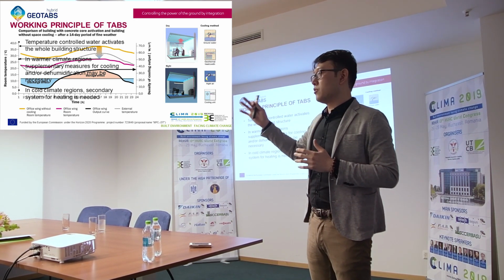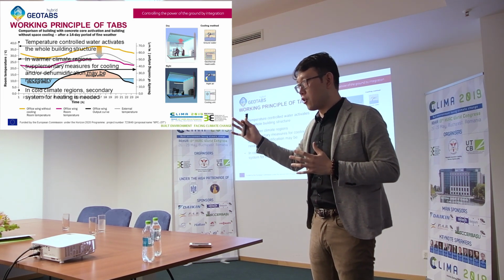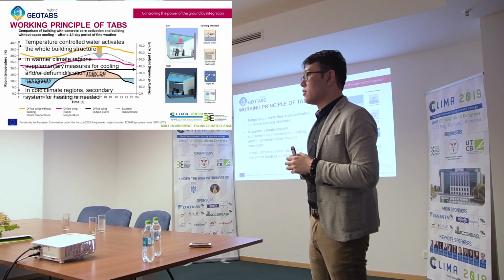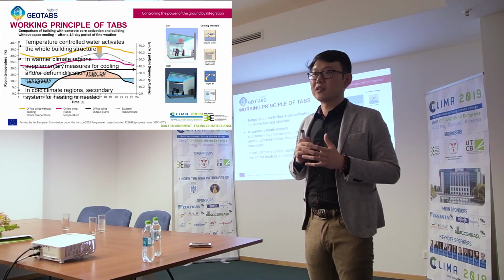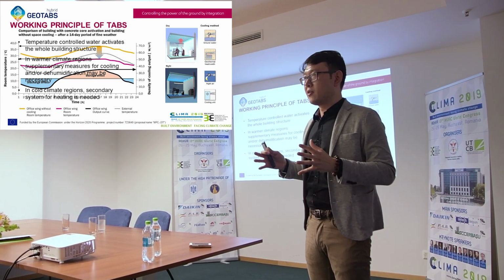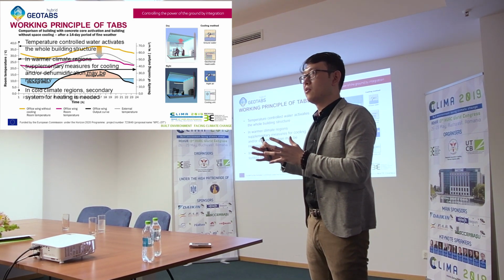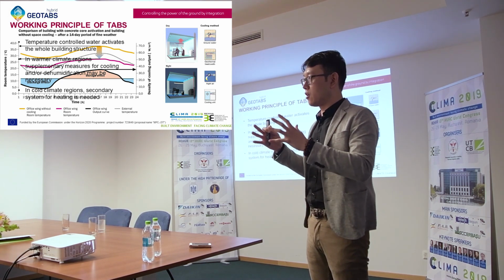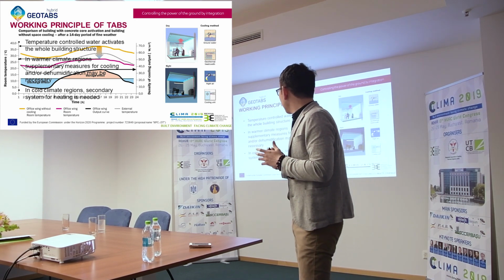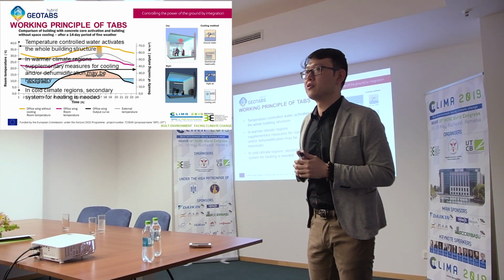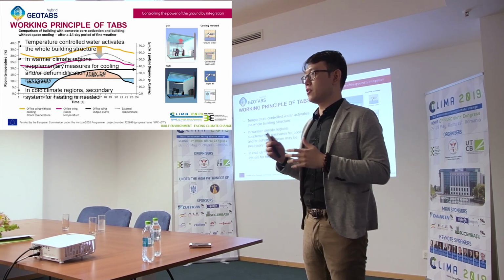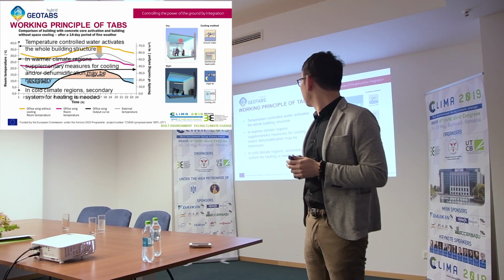So when it comes to not mild, always very hot or very cold climate, we always need a supplementary system, or we call it a secondary system, to compensate for the TABS. So TABS and the secondary or supplementary system, this is how you usually start with the design. Yeah? And we need to be careful that sometimes when we use a ventilation system, we need to consider the humidification levels, because TABS don't provide any ventilation. Okay?